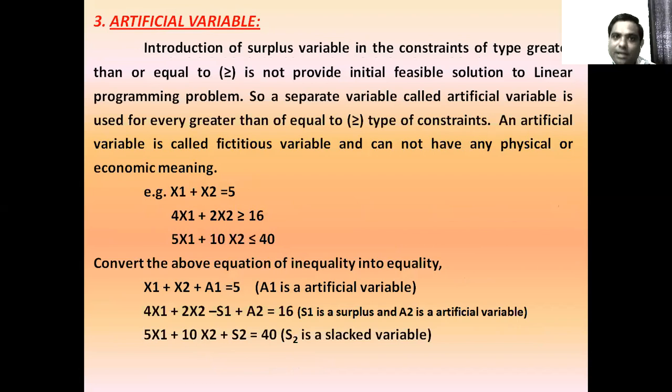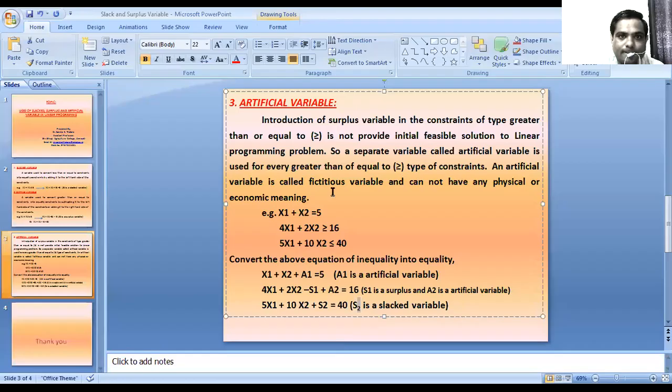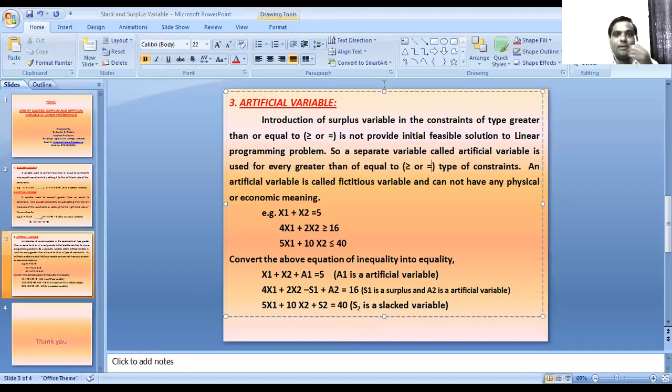Most of the time, introduction of the surplus variable in constraints of type greater than or equal to does not provide the initial feasible solution to the given linear programming problem. So at that time a separate variable called the artificial variable is used for every greater than or equal to type of constraint.